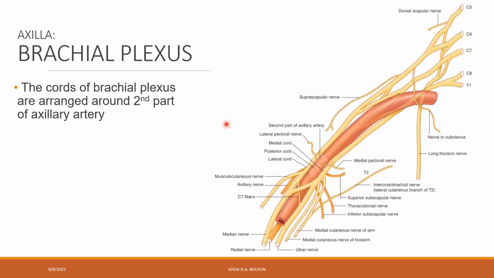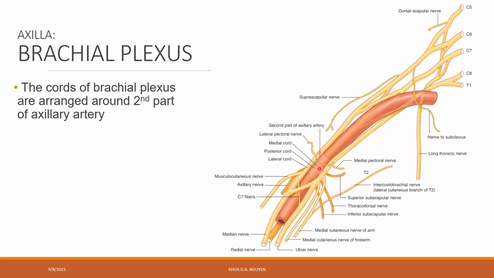Now this is another diagram of the brachial plexus in detail. You can see that the plexus is made up of the anterior rami from C5 to T1, and as they come together they make these trunks, and the trunks divide to make six divisions. The six divisions join together once again to make three cords.